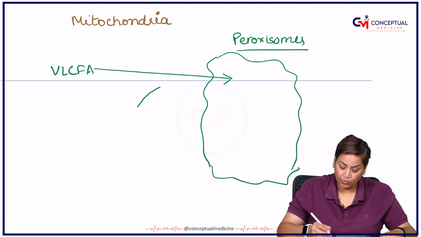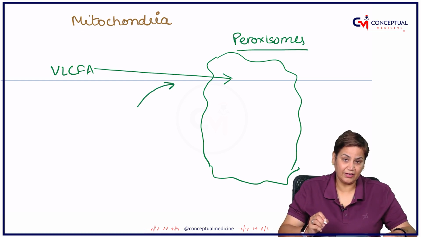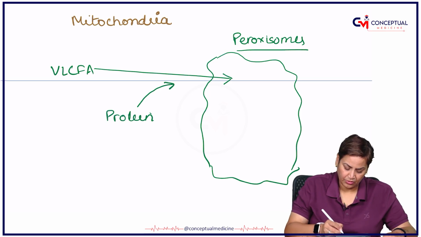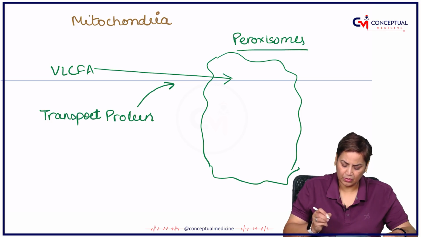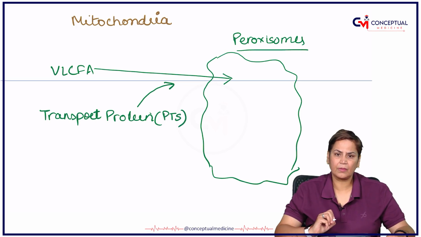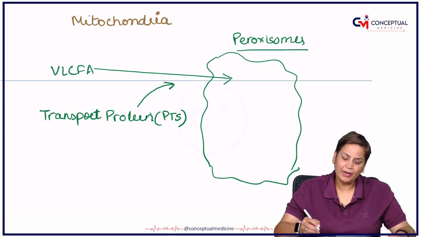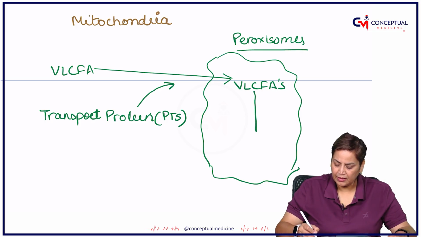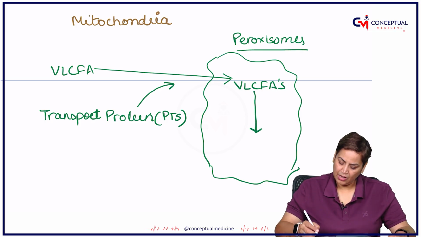Only a transporter protein, or transport protein, is required, coded by the PTS gene.